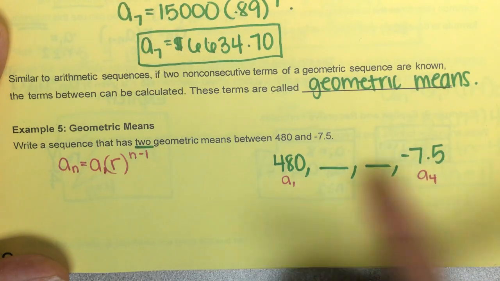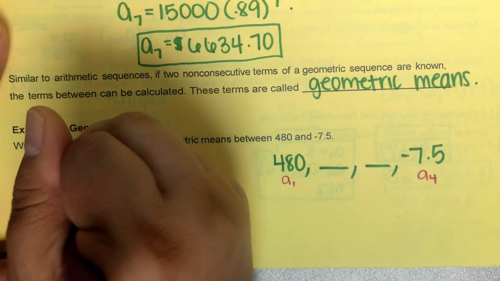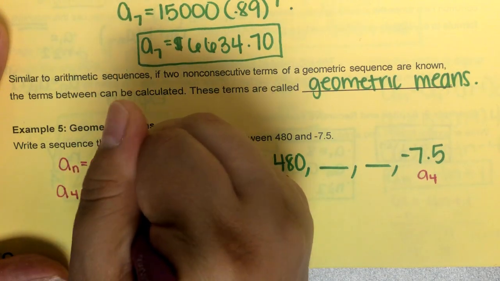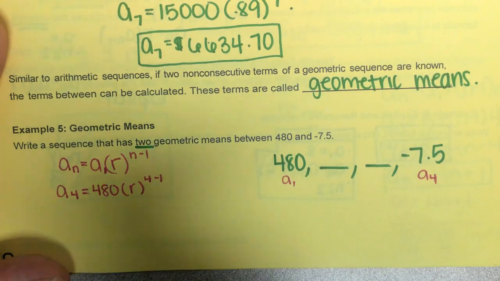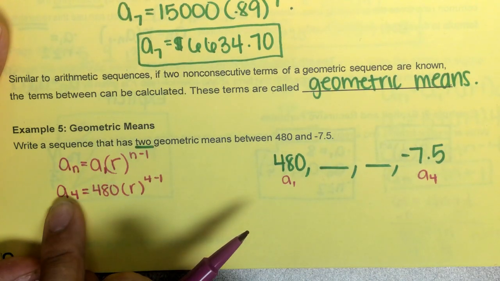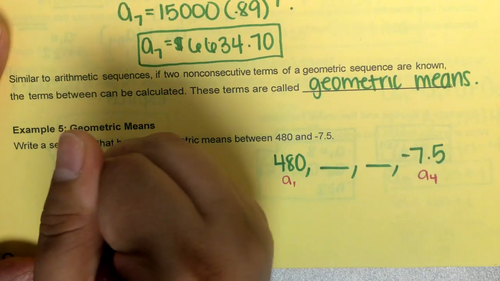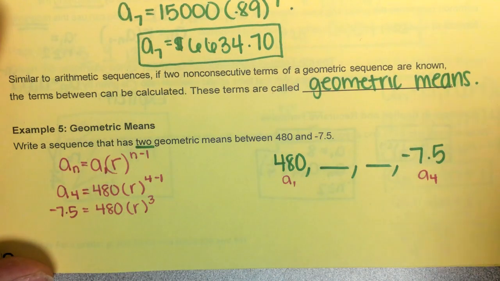So do we agree n is 4? So I'm going to say A of 4 equals 480 r to the 4 minus 1. What is A of 4? Negative 7.5 equals 480 r to the 3rd.